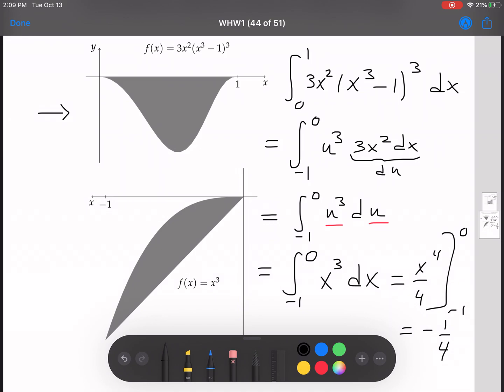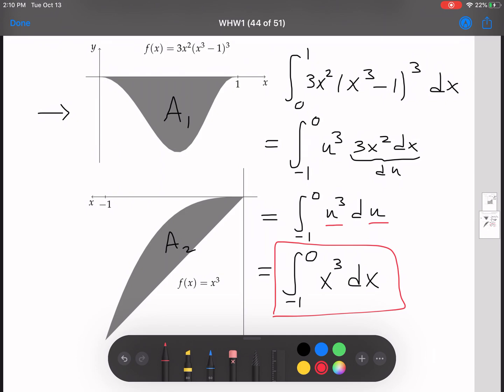Right, so if we assign, say, A1 to this region and A2 to this region, we don't really even need the fact that the integral is -1/4. So it's not really correct to say, well, they're both -1/4, so that's why. Because the area isn't negative. The real reason is because this top integral right here can be transformed through substitution into that one.